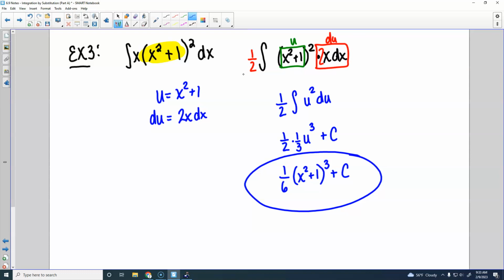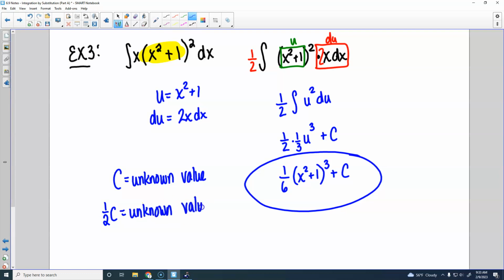Good question. It can, but C is an unknown value. So if we do distribute the 1/2, we will get 1/2 C. Half of C is half of an unknown value, which is still an unknown value.